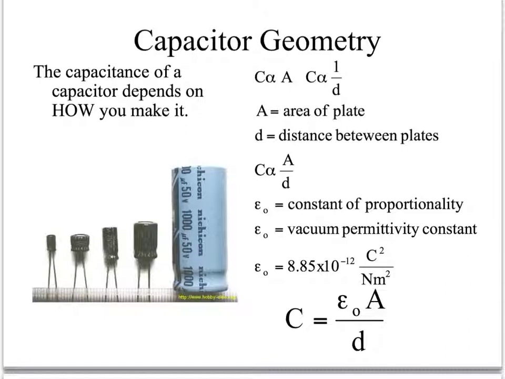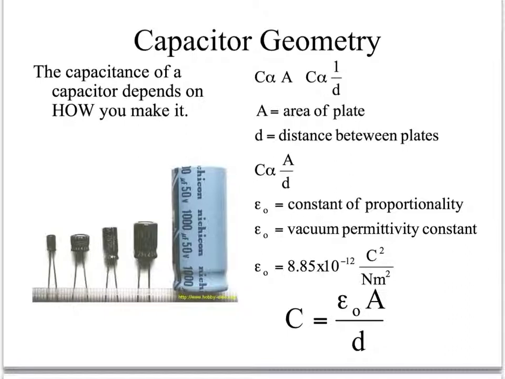We will also use what we call a constant of proportionality, meaning some multiplier, to show us just how much it changes. In this case, our constant is going to be the permittivity constant. We must always know where to look up this number. It will be the same forever and always. It's 8.85 times 10 to the negative 12th.